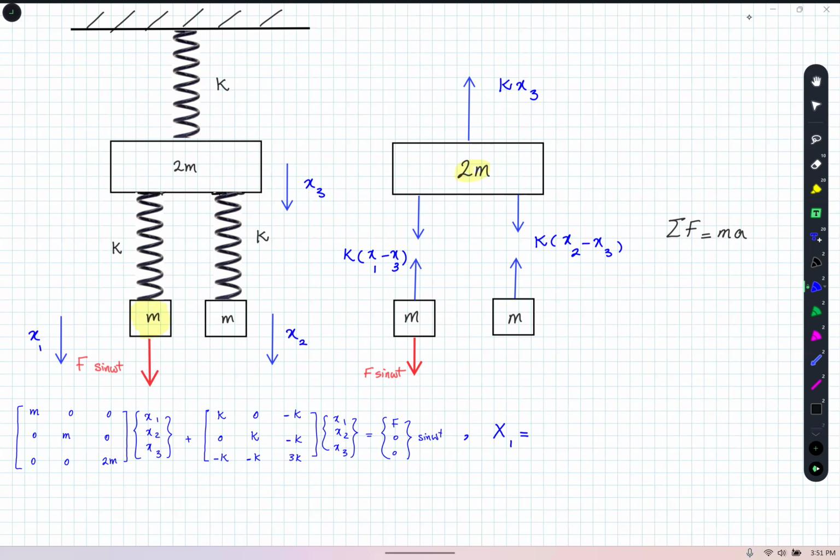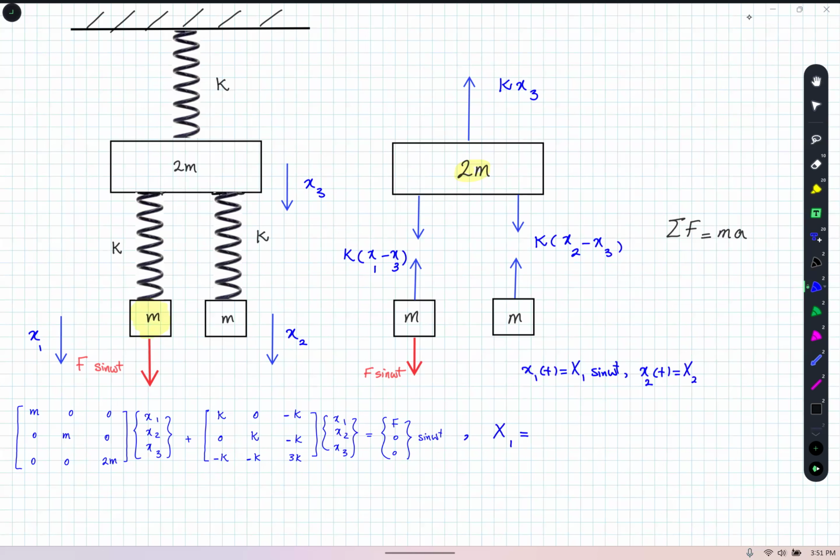So what I will do is choose x1(t) as x1 sine omega t, so I guess that would be the answer.